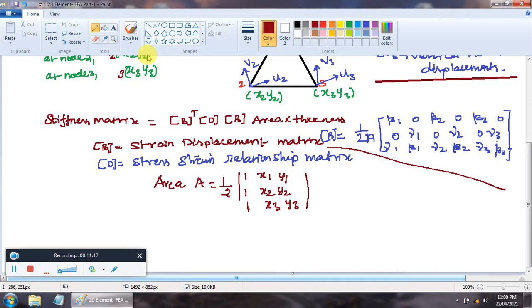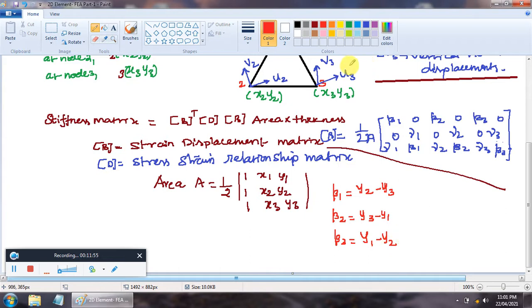And what about beta and gamma? Beta 1 is nothing but y2 minus y3. Beta 2 is y3 minus y1, and beta 3 is y1 minus y2. You know the coordinates x1, y1, x2, y2, x3, y3, so from these we can calculate these values.